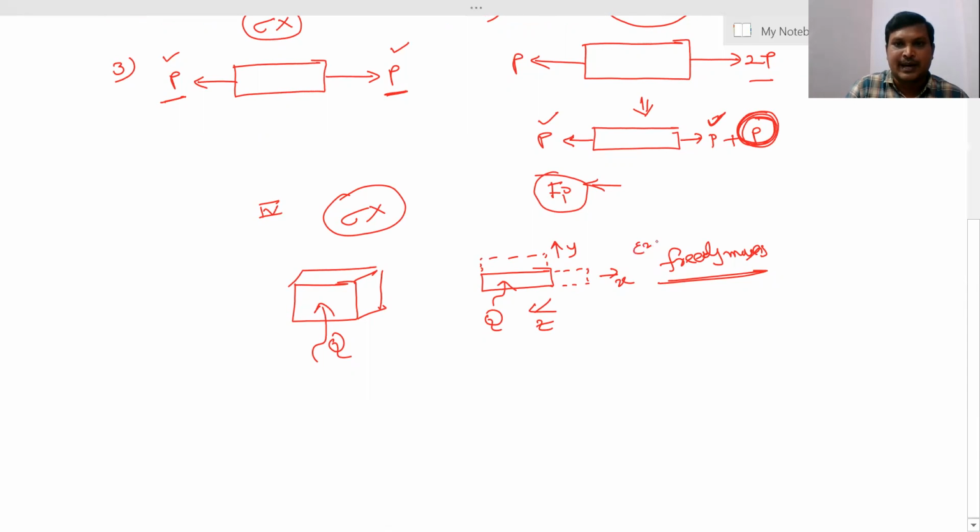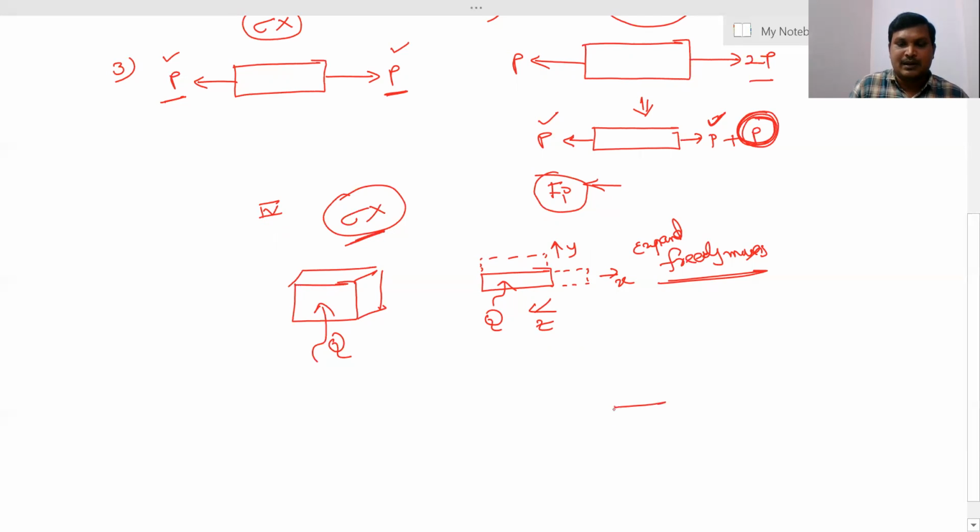When you remove the heat, the body tries to contract. Whether it is expansion or contraction, the body moves freely, away from or towards itself, so no resistance force is generated and no stress is developed.